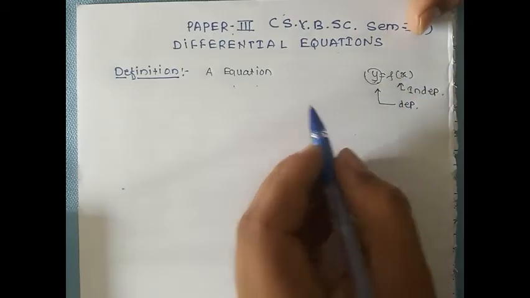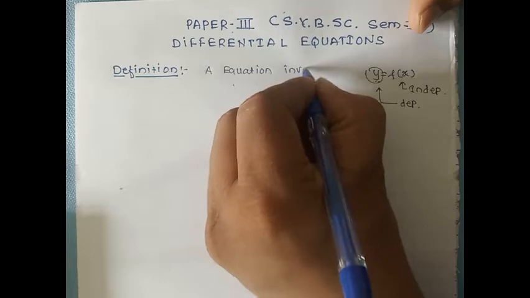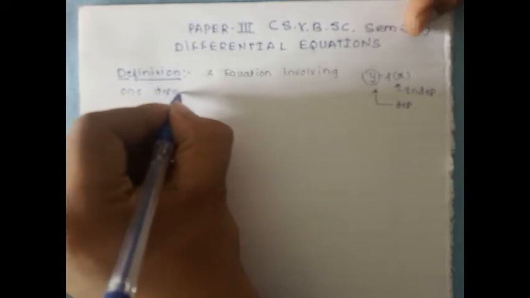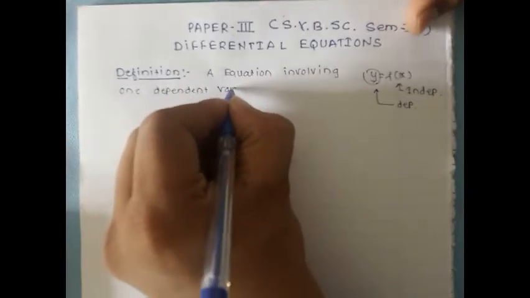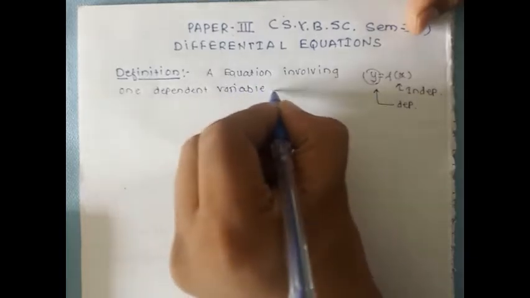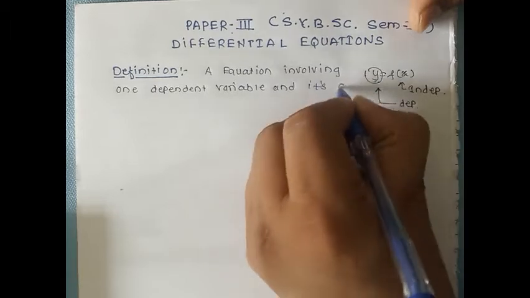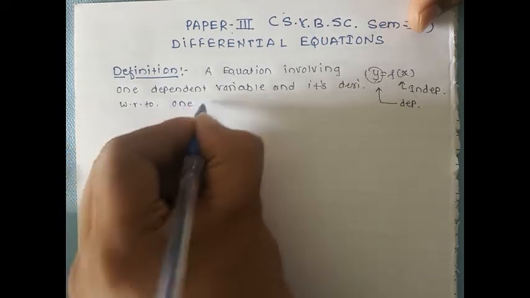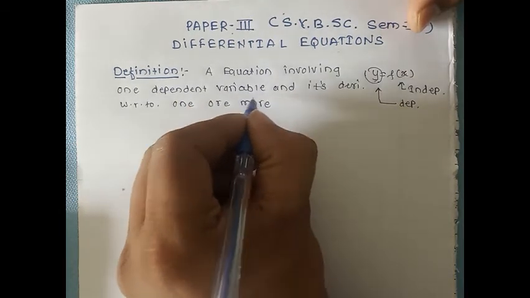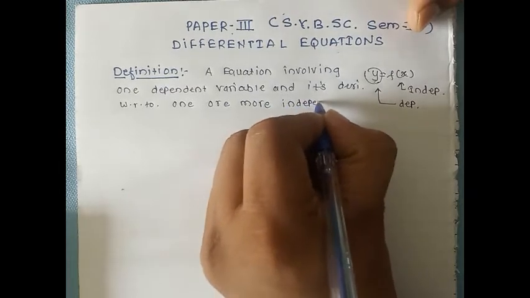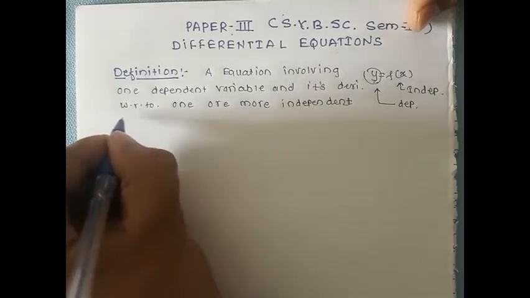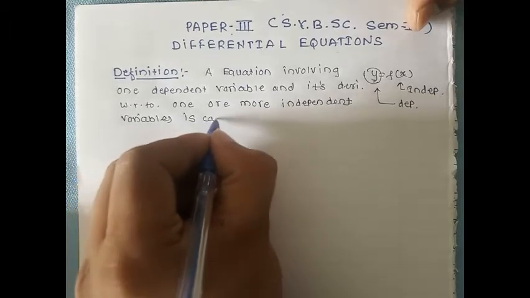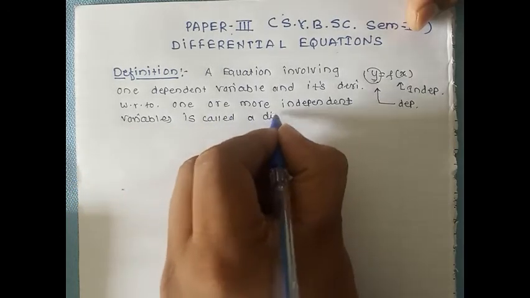So what is the definition? An equation involving one dependent variable and its derivative with respect to one or more independent variables is called a differential equation.